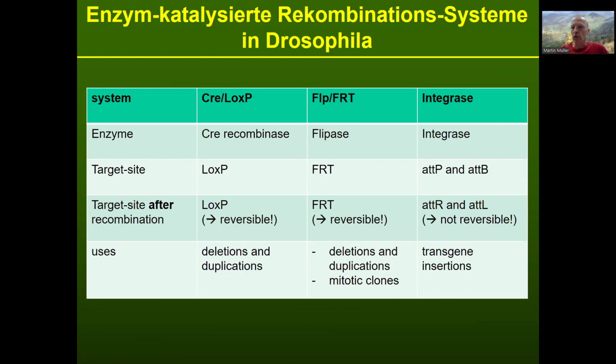Once you make a recombination between attB and attP, these sites are no longer usable. They are then called attR and attL, and they are not reversible. So we use them to make transgene insertions. I will now introduce to you in more detail the Flipase and the integrase system.